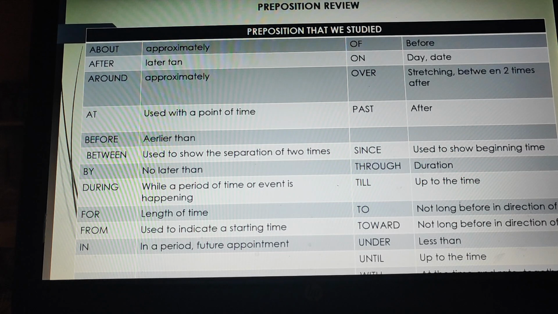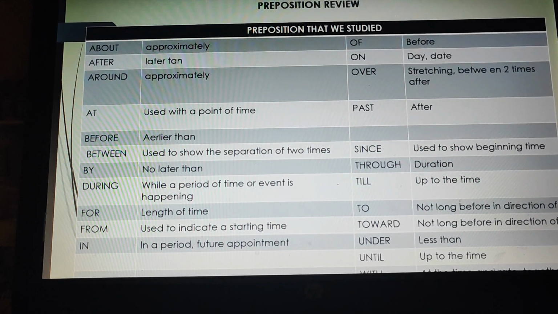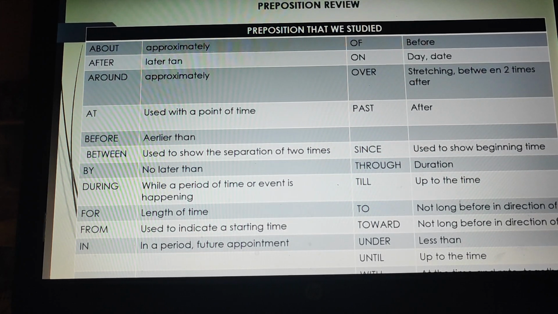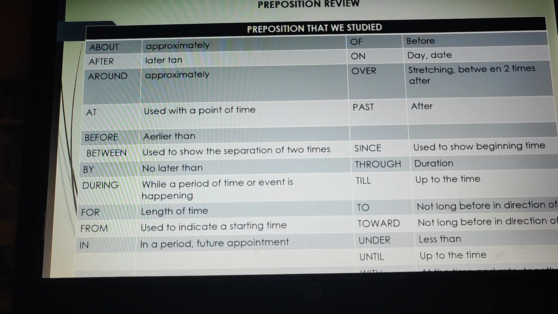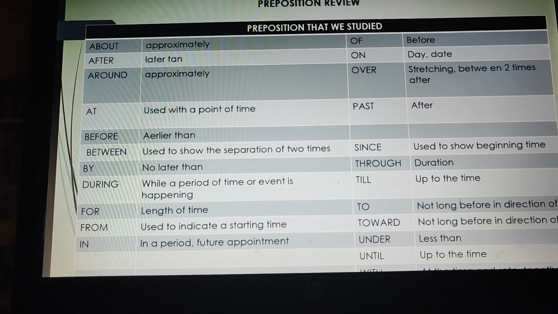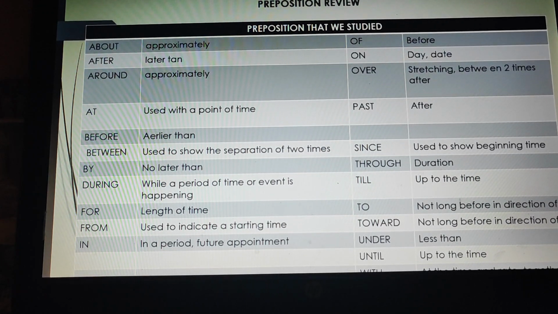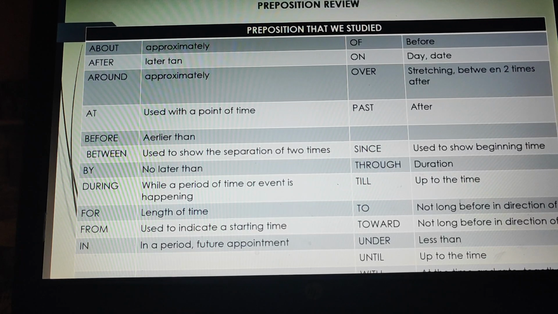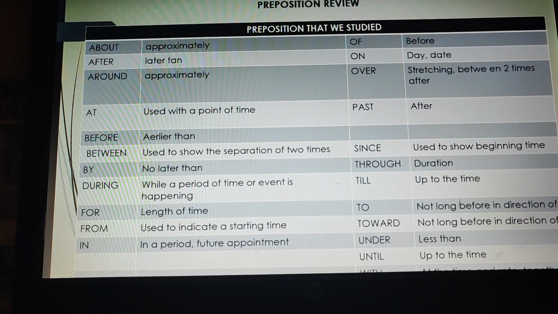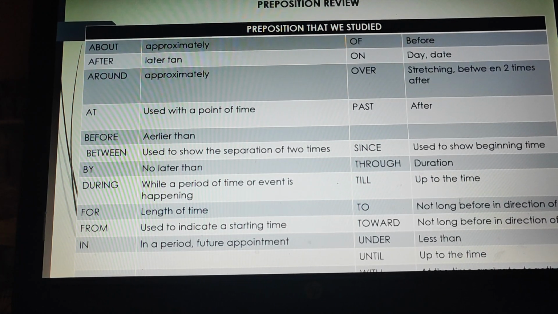And with from: Mrs. Smith will arrive a week from tomorrow. In this case, as we see, from is used to indicate a starting time. And another example, with by: by the end of the hour, the students were able to do work on their own.